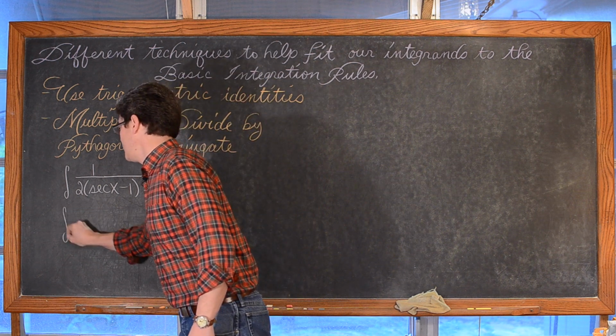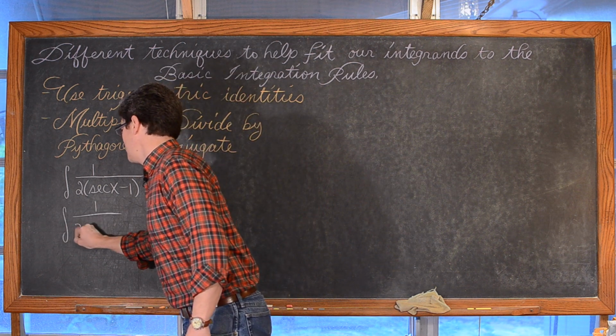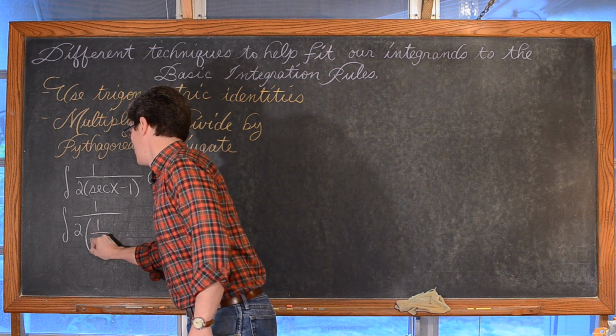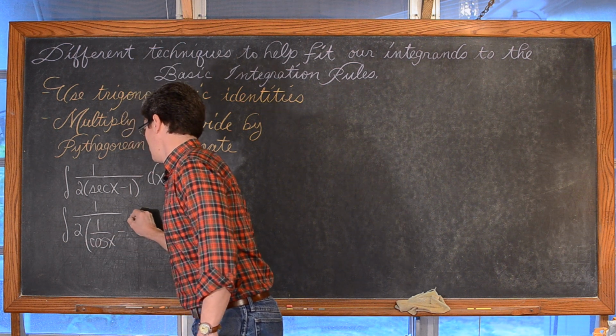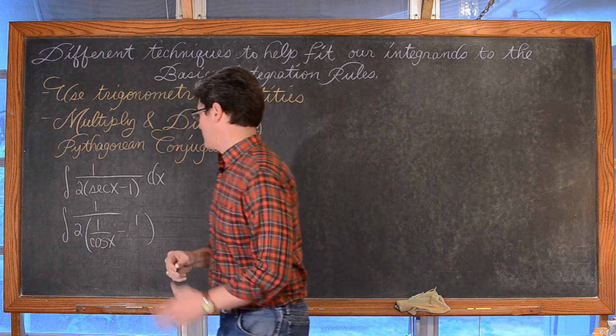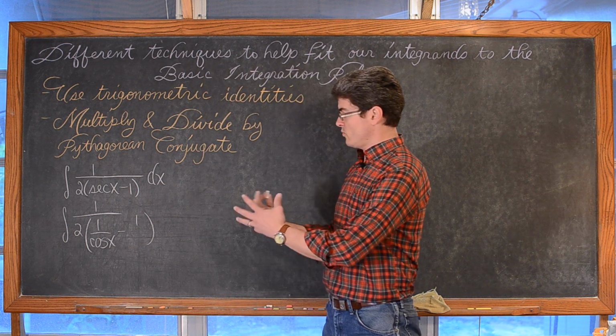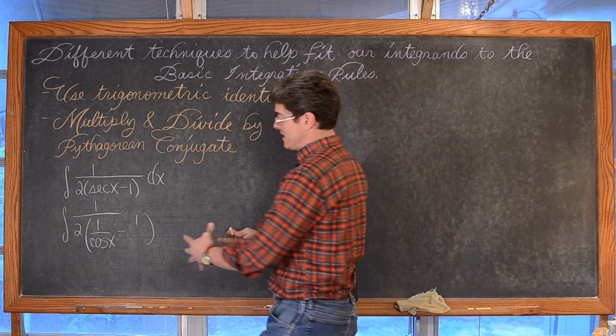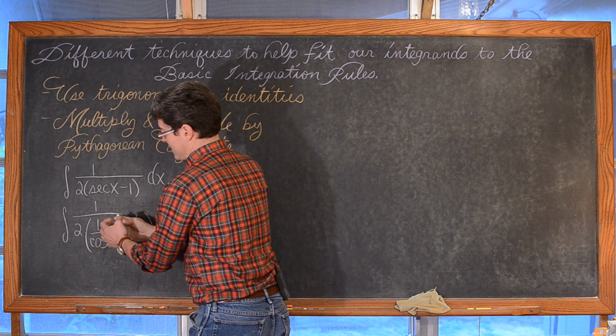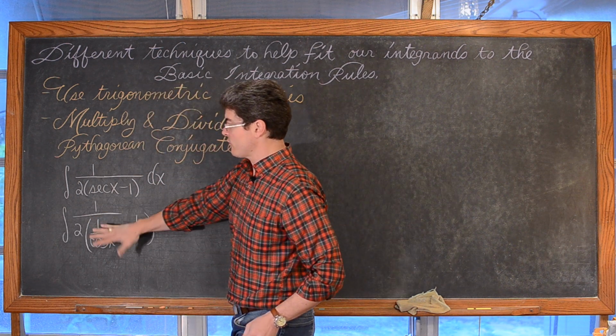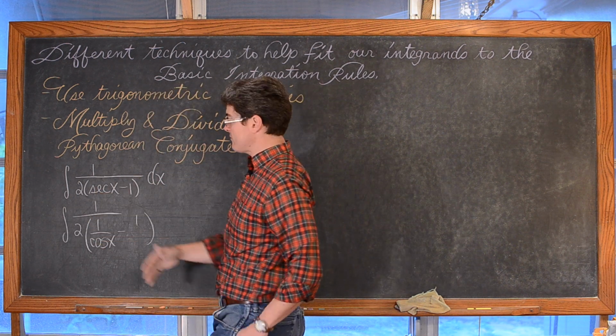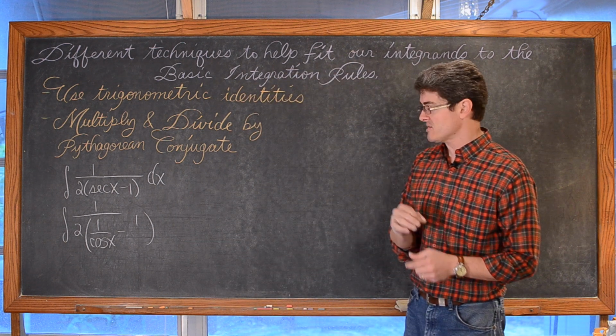This is going to be the indefinite integral of 1 over 2 times 1 over cosine x minus 1. And I'm kind of leaving some space because I want to make this denominator just one fraction, because I see that I'm going to have stuff over a fraction, so I'd like to be able to flip that bottom fraction up, but I can't do that unless there's only 1.